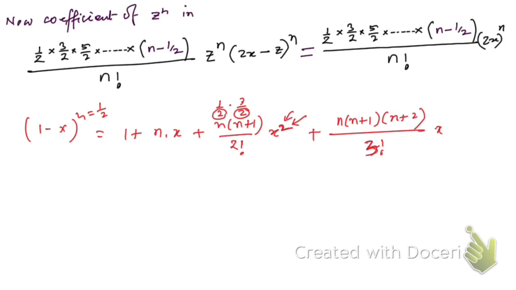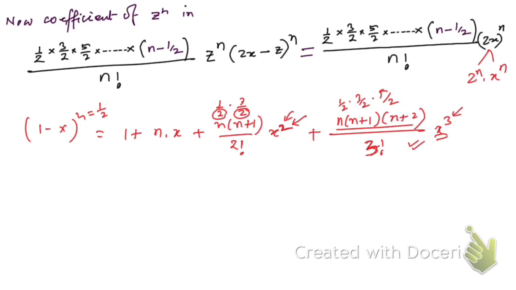Okay, now here you see, if you put n equal to half, then half into 3 by 2, then 5 by 2. And here we're gonna have x to the power 3, right? X to the power 3. Now you see, instead of x, suppose we have this, right? So here we're gonna have 2 to the power n into x to the power n.